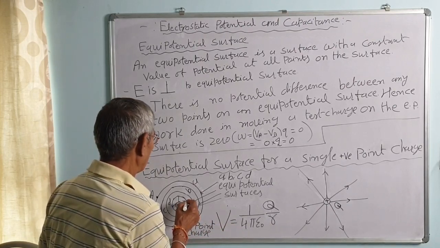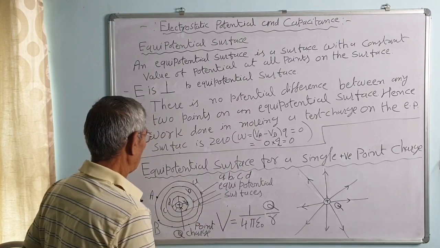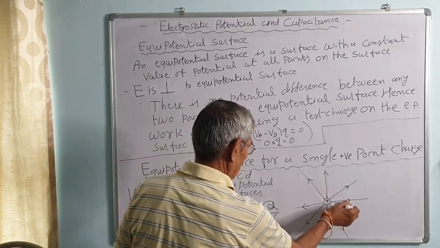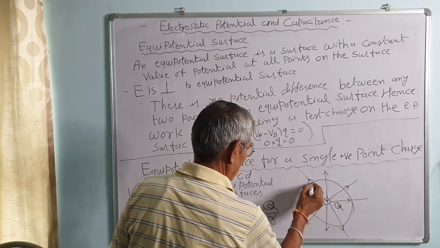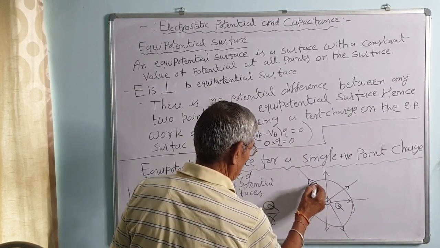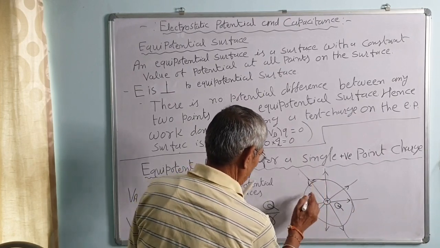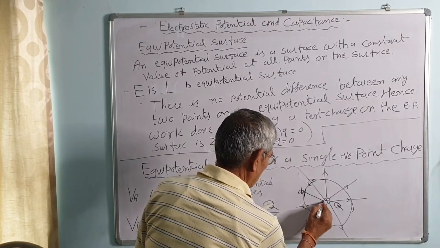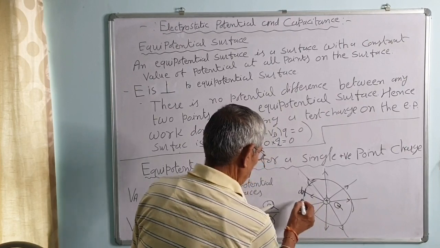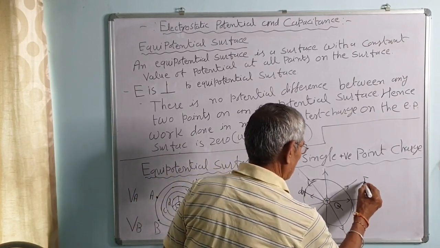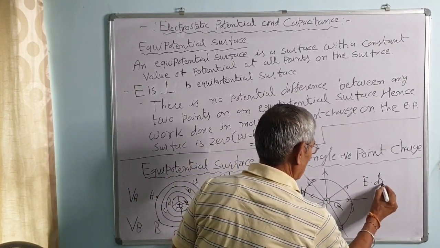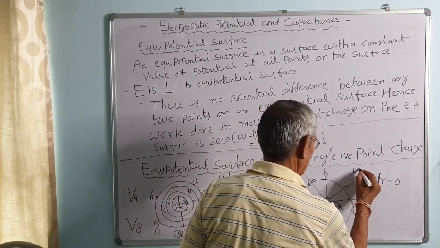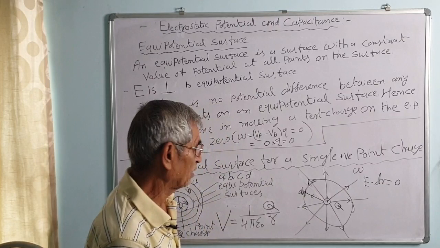Then the angle between this E and the displacement dr, this displacement dr, then electric field and dr are at a right angle, that is E dot dr is 0. Mathematically also you can do, that is the work done. Work done is equal to E dot dr, another equation.